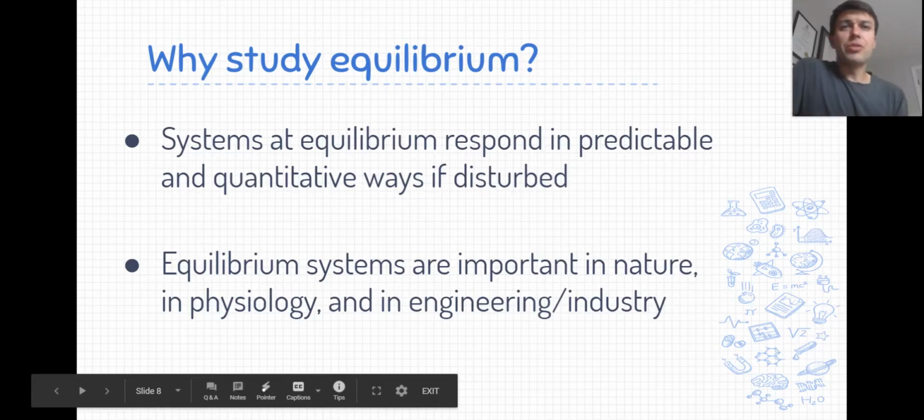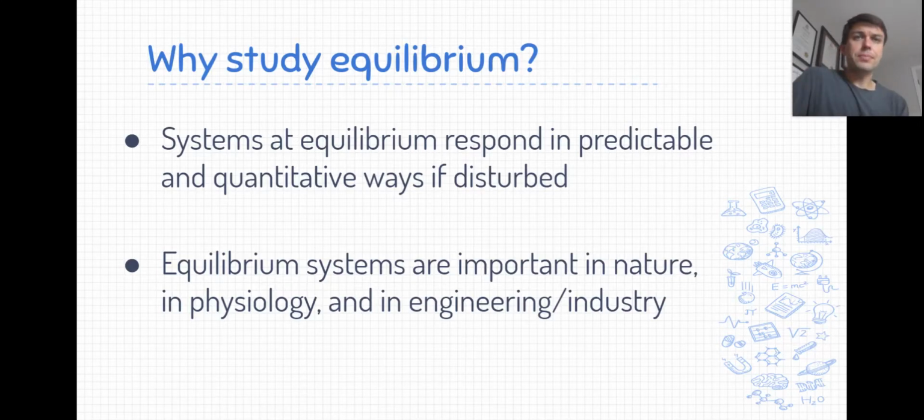So why do we have these two big units on equilibrium? Well, the first reason is that equilibrium is a very important aspect of chemistry, in that equilibrium systems respond in very predictable and specifically quantitative ways. Basically, there are mathematical laws which we're going to learn, and we can make solid predictions about the way a system is going to respond if we disturb it in a certain way.